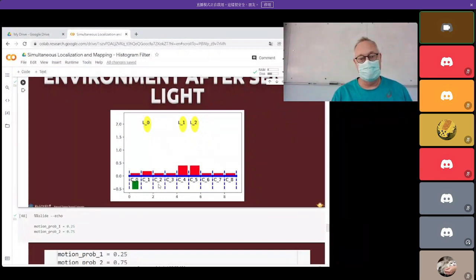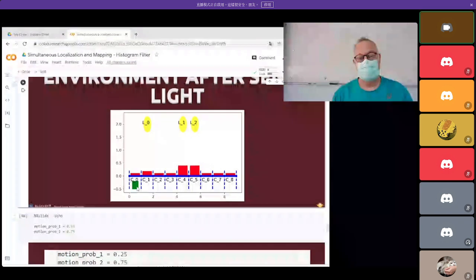If I tell it to go right, then 75% probability it'll end up in C2. Then what happens to the probability distribution? C2 will go up, and the other positions will decrease the peak probability. No, not quite. Because I don't know that I'm in C2, in C0 right now, right?